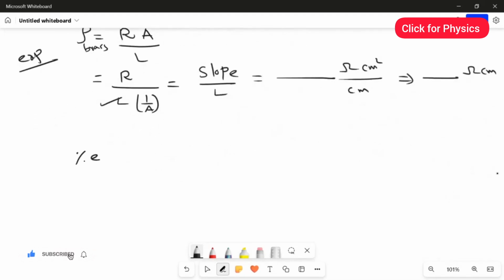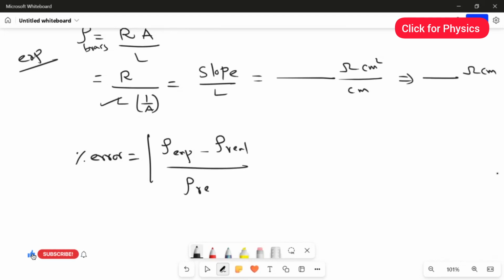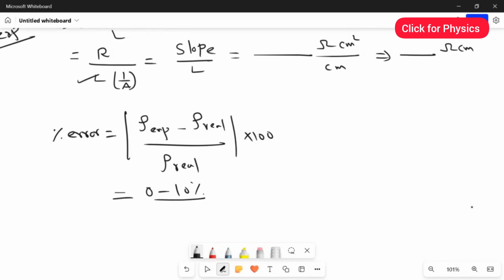As we know, the formula for the error percentage is the absolute value of resistivity by experiment minus resistivity of the real value, divided by the real resistivity of brass, multiplied by 100. Once you substitute the values, we will get the answer. And your answer must be between 0 and 10%. So this is the explanation for the experiment electrical resistivity.